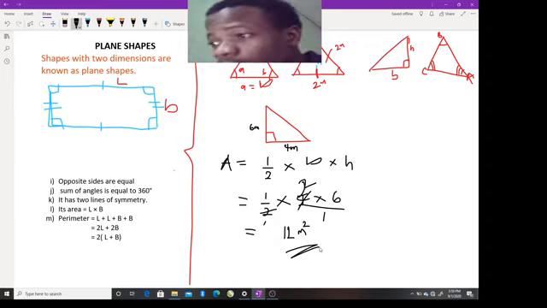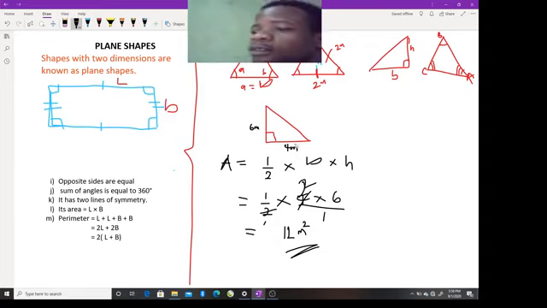If you were to calculate the perimeter, all you have to do is add the 3 given sides together. Now, there's something I expect you have observed. When I spoke of the parallelogram, I gave the formula to be base times height.